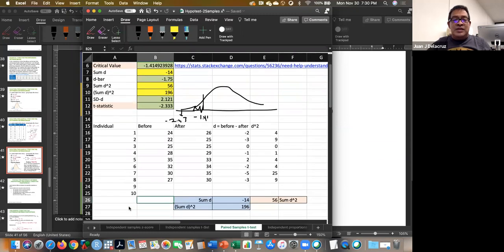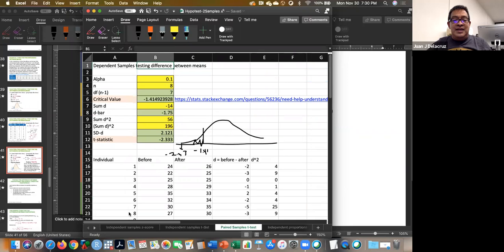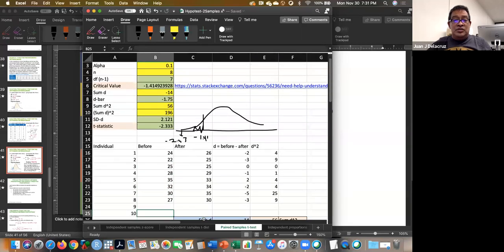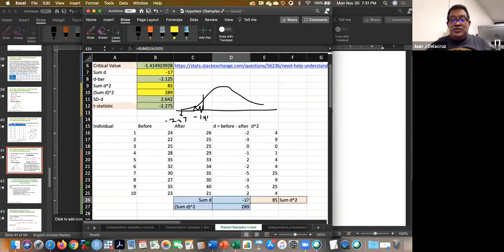As you can see, we have done everything here. This one is the result of my D. So let's say I have a 35, 40, and a 23, 21. We already have different values, and as we can see, the sum increases. The 289 is also here, and the 85 is also here.